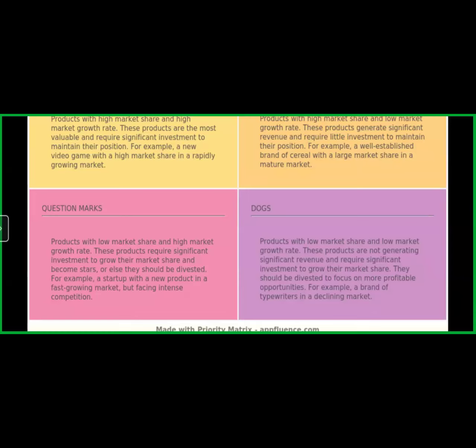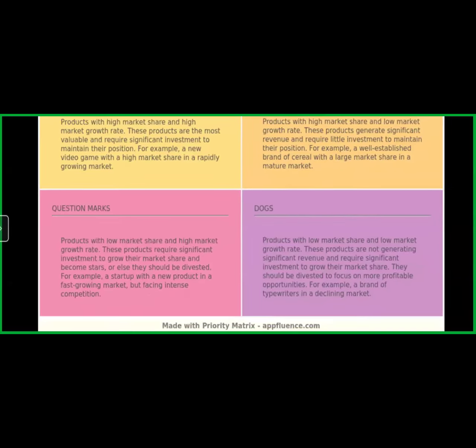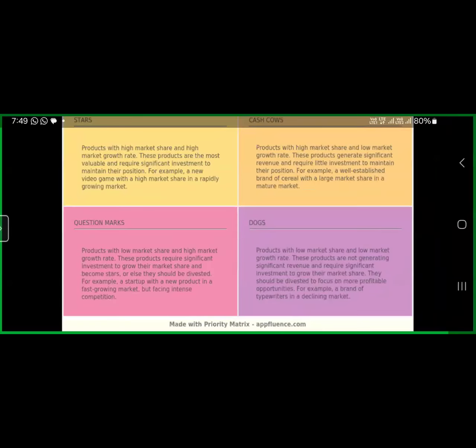So whatever money they generate by selling these pizzas, the company is going to invest in other products which are more in demand. So that is related to the BCG matrix. These are the four squares: stars, cash cows, question marks, and dogs.